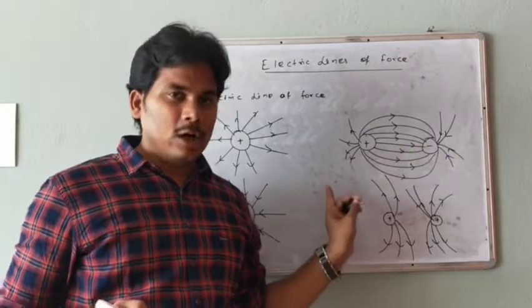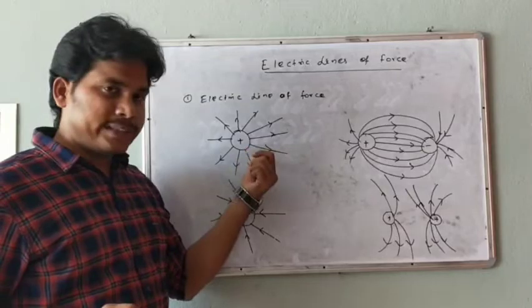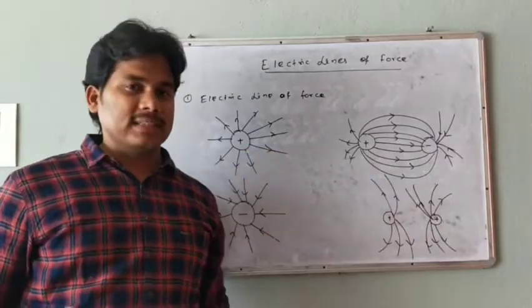When both are positive, or the same charge, they repel each other. That's why they contract laterally. When both are opposite charges, they contract longitudinally. This is the isolated charge, and here, more than one charge.